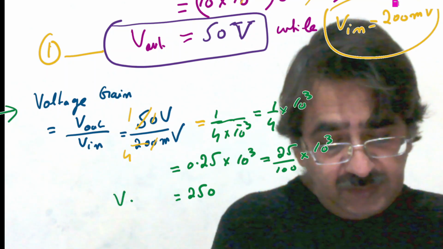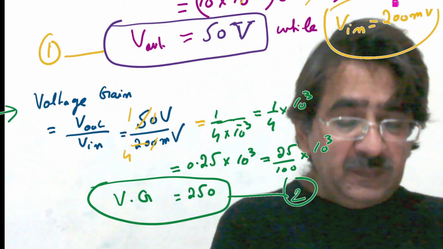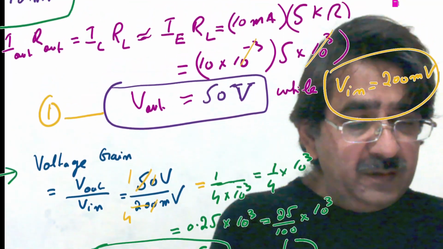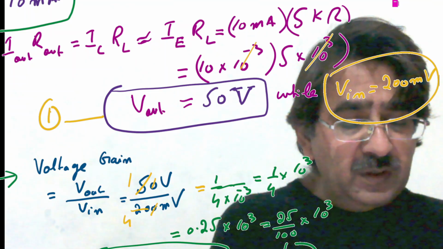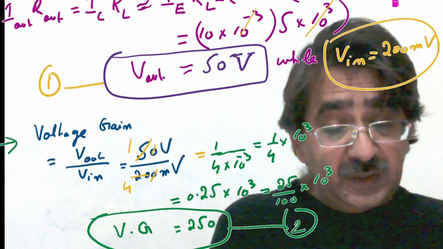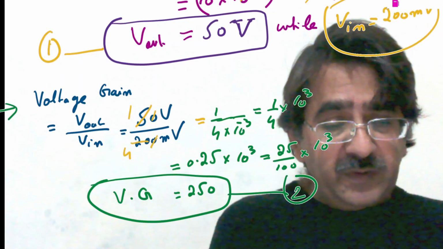So voltage gain will be equal to this. So the voltage will be increased: if V in is given as 200 millivolt, the output voltage will be 50 volts, which is very high, and the voltage gain will be about 250.